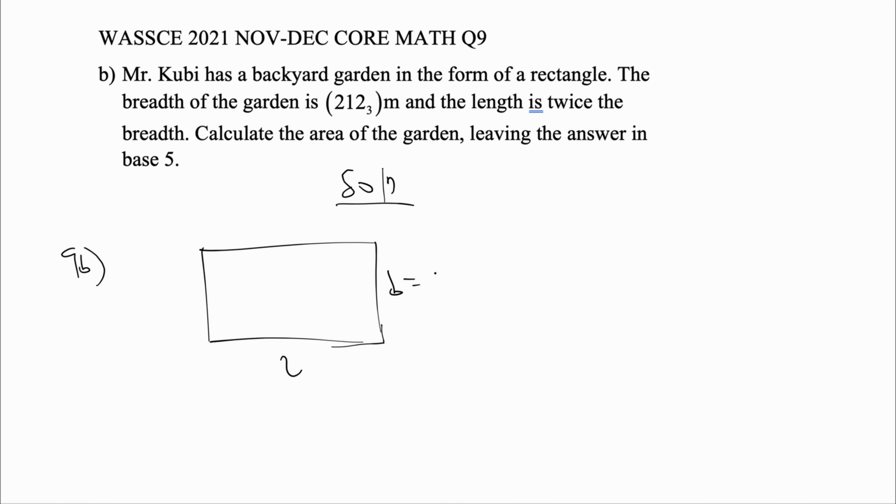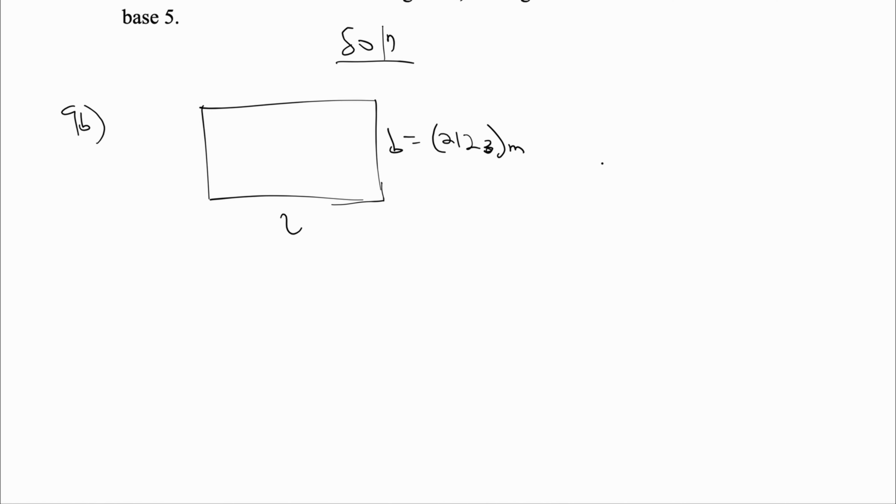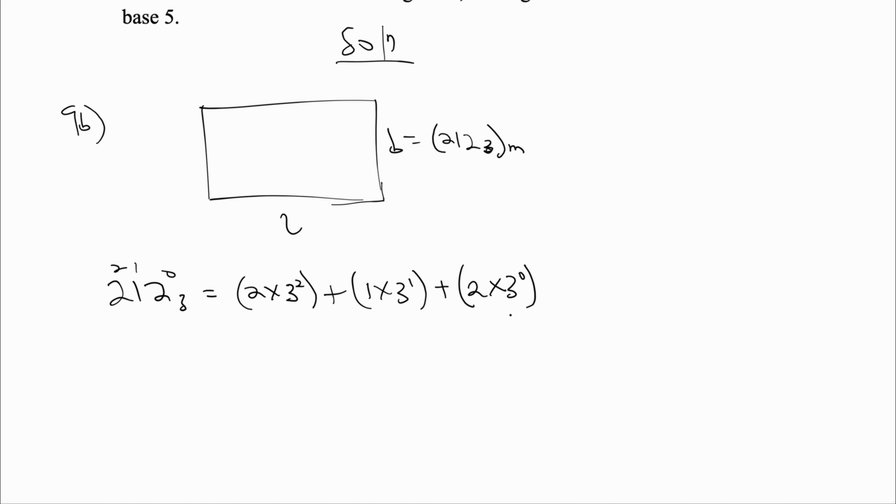You know the breadth is 212 base 3 meters. So first, let's convert 212 base 3 to base 10. So 212 base 3 will be equal to 2 times 3 squared, plus 1 times 3 to the power 1, plus 2 times 3 to the power 0.